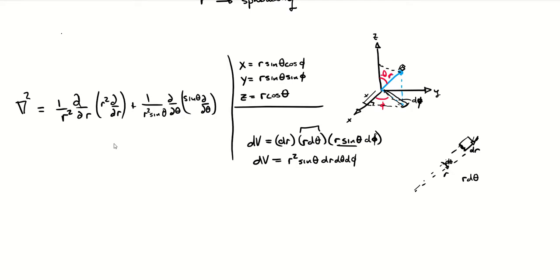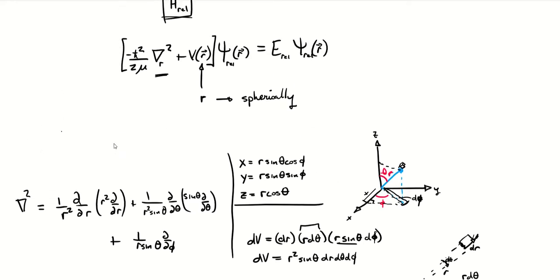Sorry, I'm running out of room here. Plus 1 over r sin θ partial φ. So that's our Laplacian in spherical components.